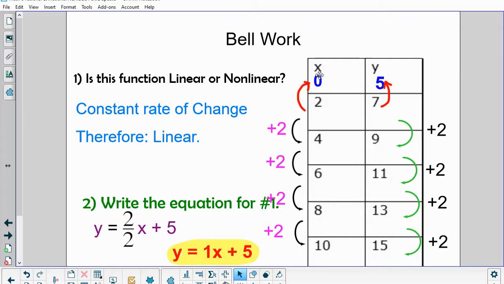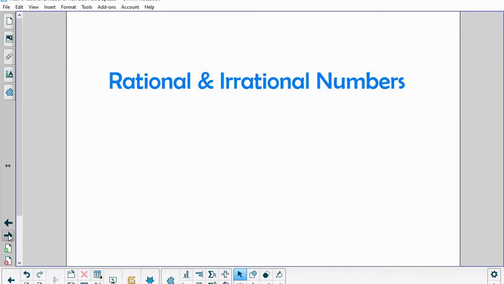And we know that when x is 0, the y value at that point is going to be our y-intercept. So we notice that this goes down by 2, this goes down by 2. That means that our y-intercept is 5, and there we are. Now we can simplify this slope of 2 over 2 to be 1. So our final simplified equation is y equals 1x plus 5.